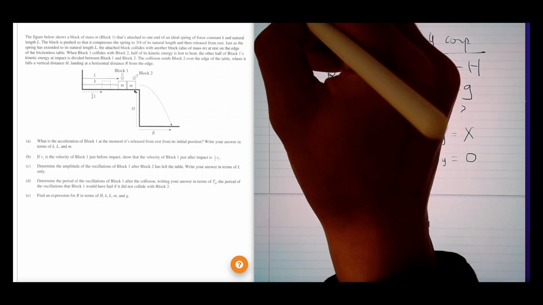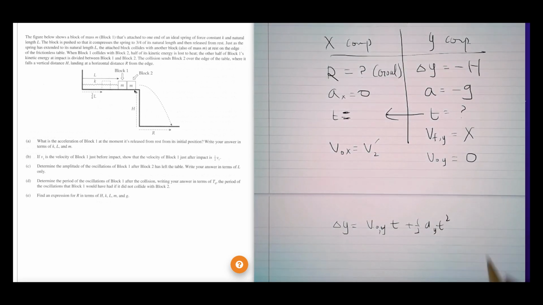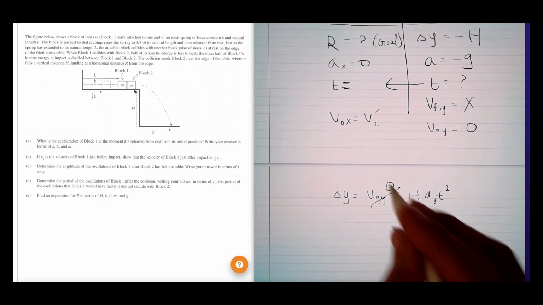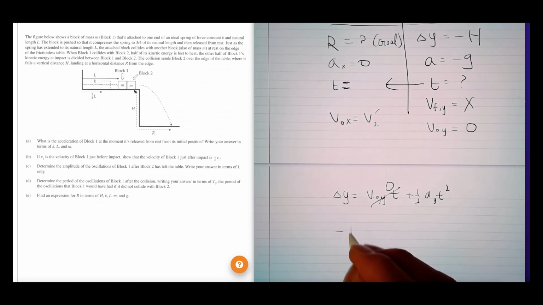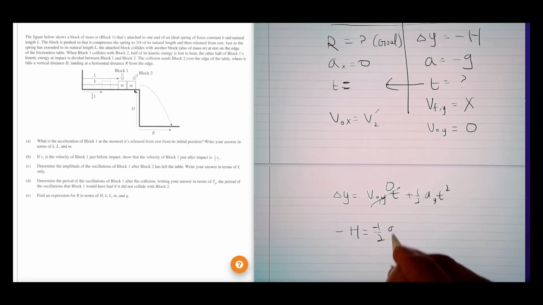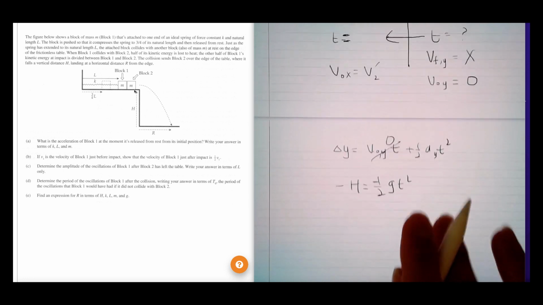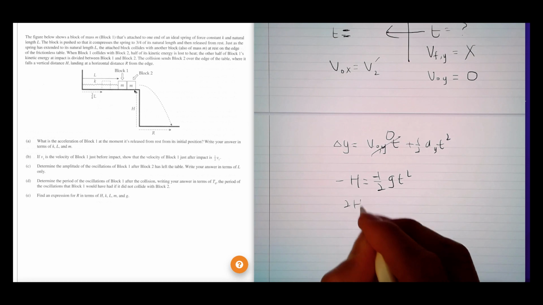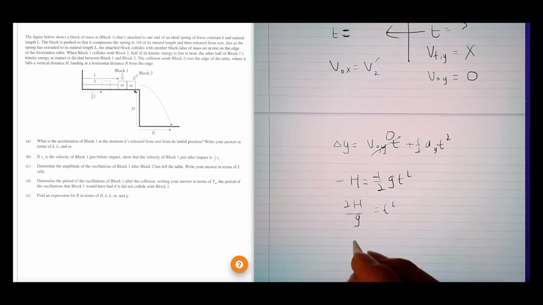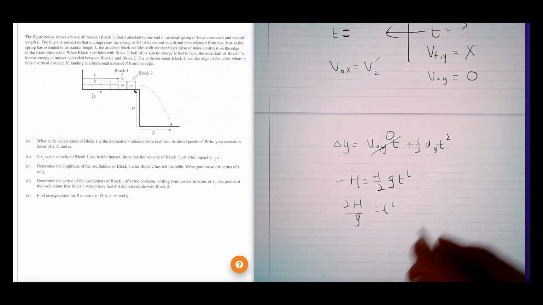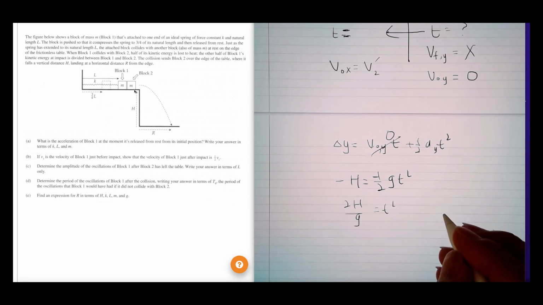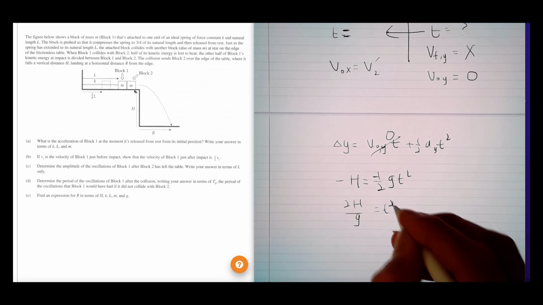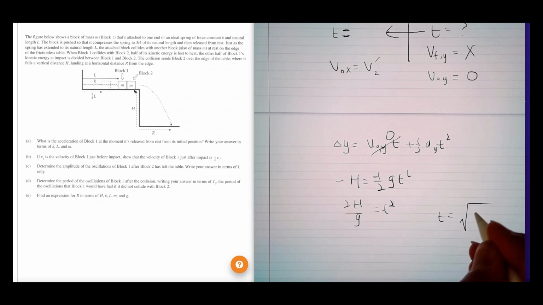So the first term goes 0, and delta y equals negative h, 1/2, oh, there's a negative g, t squared. So negative and negative cancel, so you get 2h over g equals t squared, and we can square root both sides and only keep the positive root because negative time is not our interest. So t is equal to square root of 2h over g.